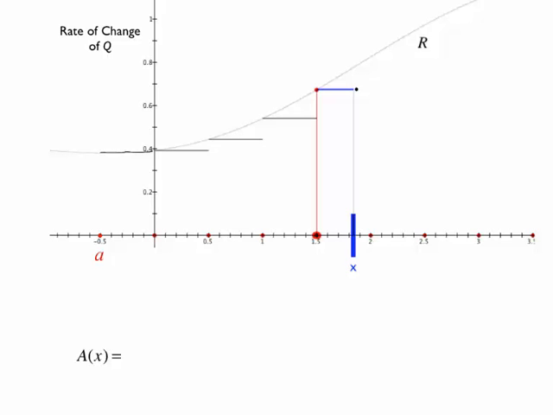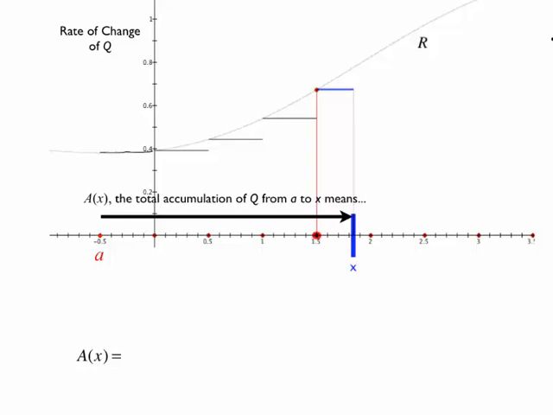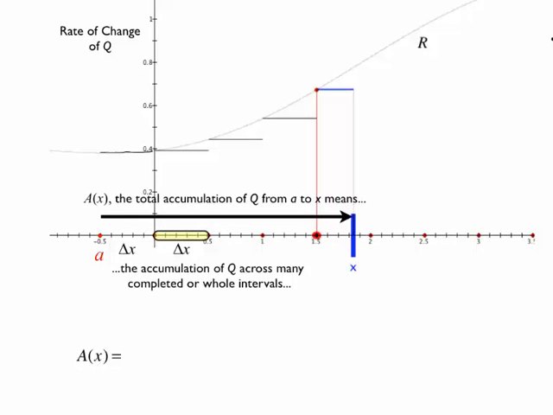Okay. So now watch. Here we go. So now we're going to talk about that formula. The total accumulation of Q from A to X means, what does it mean? It means the accumulation of Q across many completed or whole intervals, and that's the first part of the equation, right?